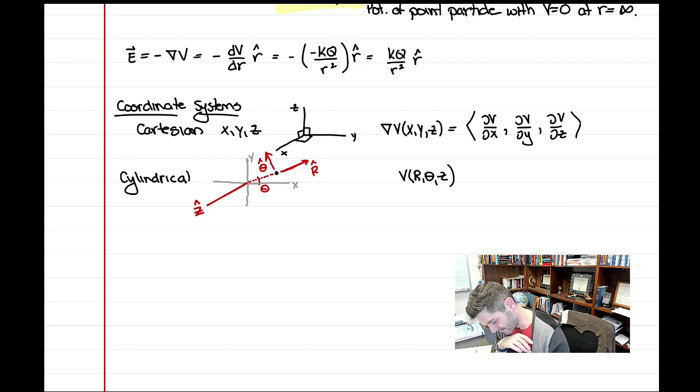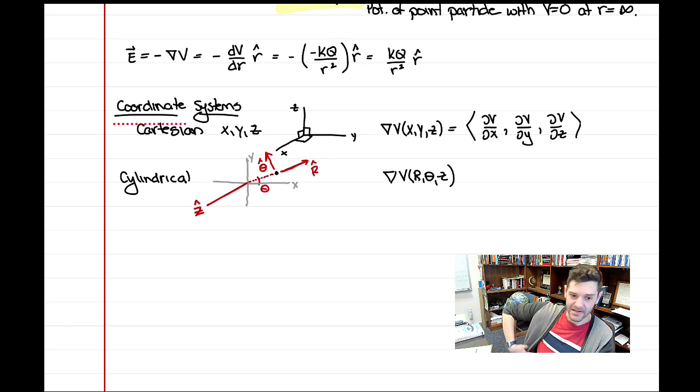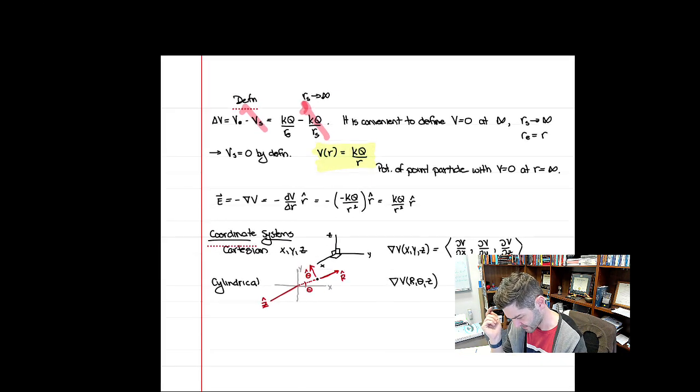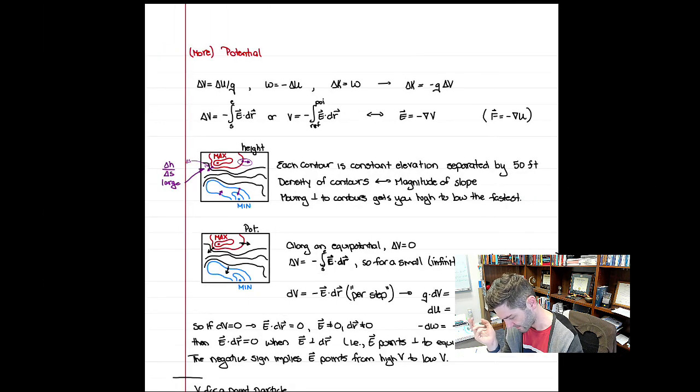And so then you might ask yourself, what if I want to calculate the gradient, which should give me a vector quantity that points in the direction of steepest ascent in this case. I guess we did talk a little bit about that earlier, but let me just recap because it's been a minute.